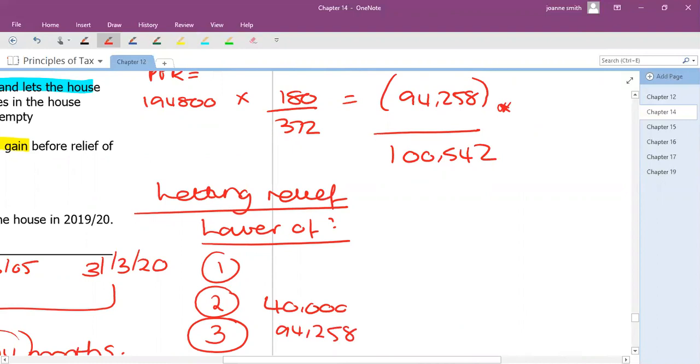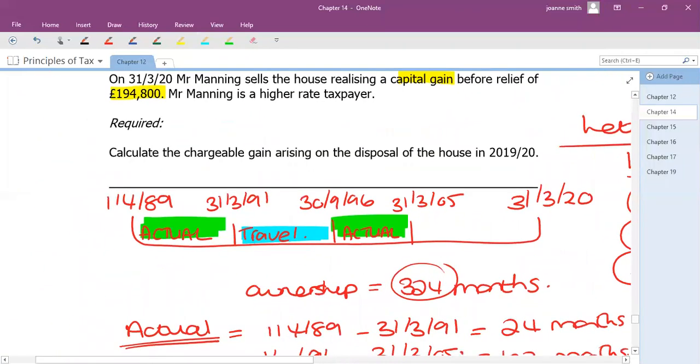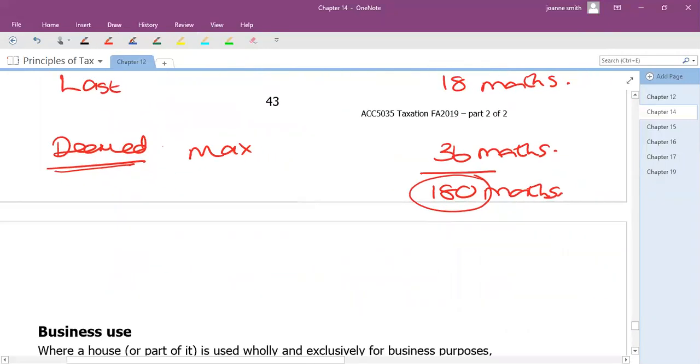So the hardest one to work out is the period that is still being charged for letting. Now what we have to do for that is look at this time when he was travelling and say, well, okay, during that travelling period, how many months of that are still being taxed? So let's do a calculation.